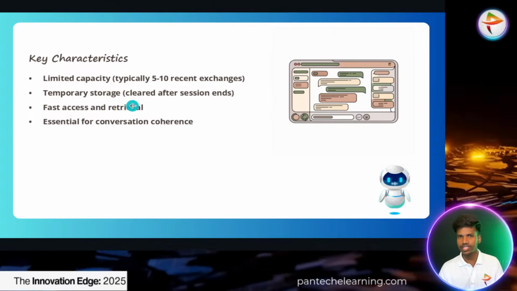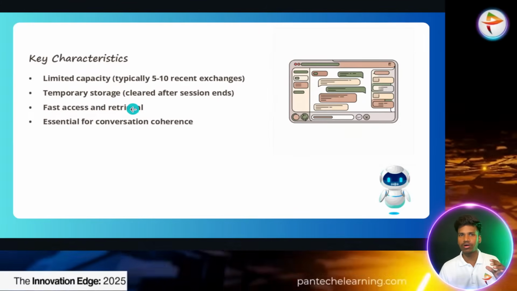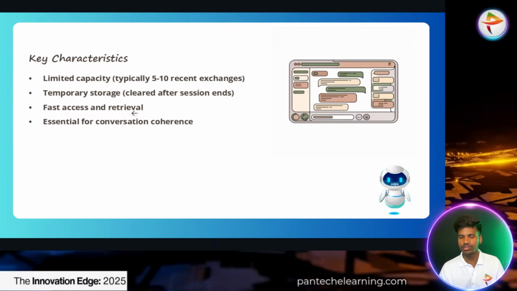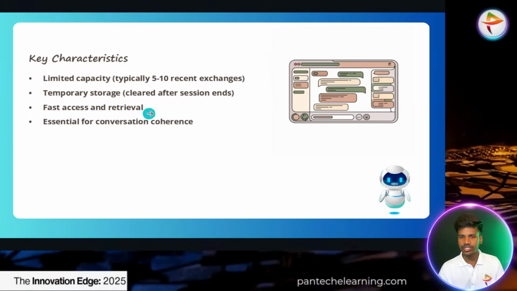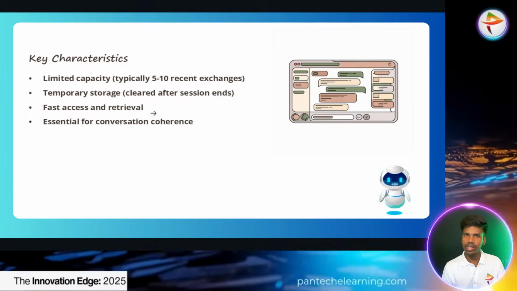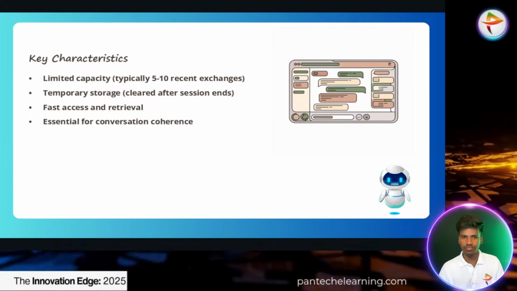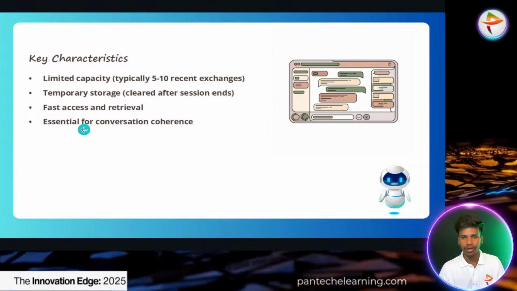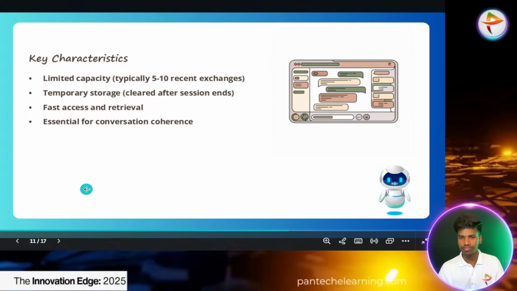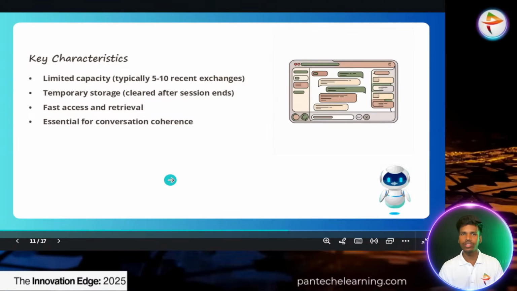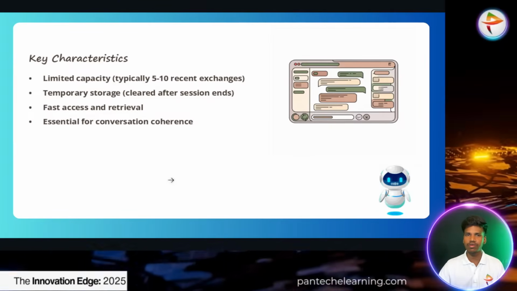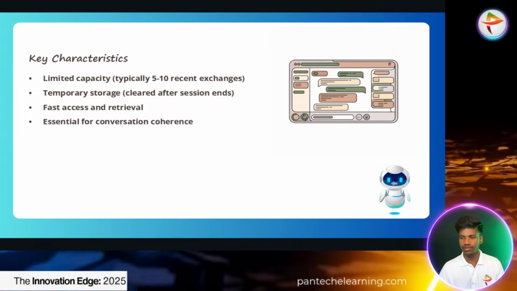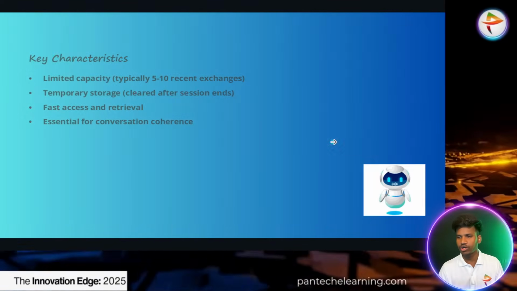But the drive is not like that. Once we forget our mail ID or it is blocked, we cannot use those files either. Same with fast access and retrieval. Easily we can get that file everywhere and on every device, right? Once we log in with our mail ID, we can easily access the drive. Essential for conversation coherence: we can easily share our file with friends and everywhere. Those are the key characteristics of short-term memory.